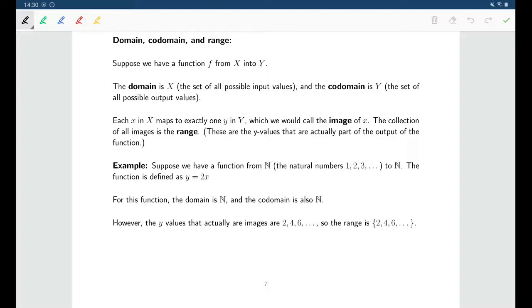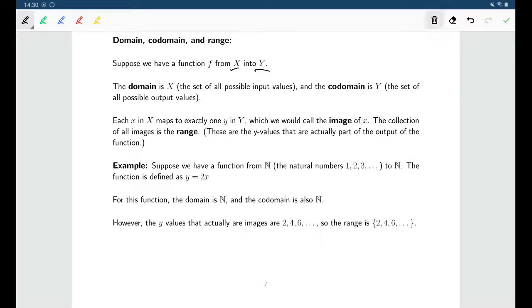So when I say the codomain for a function, the codomain is the set of all the possible output values. So you might say, here's a function going from this set of x values into this set of y values. So x would be our domain. Those are all of our possible input values, and y, that's our codomain.